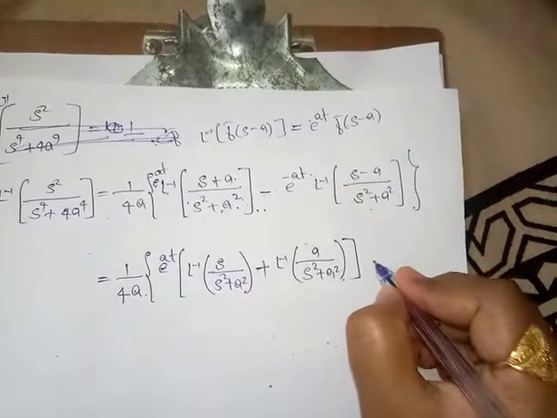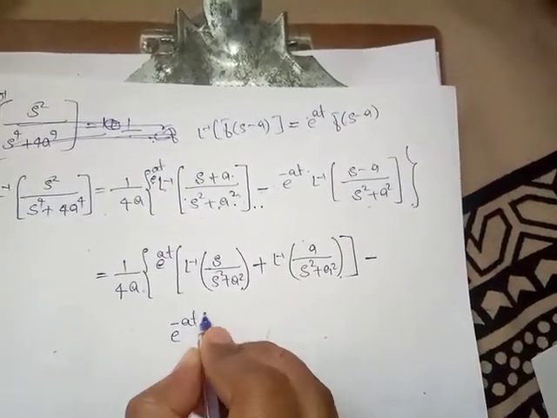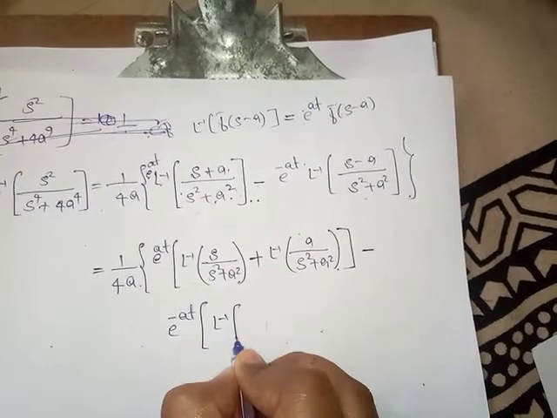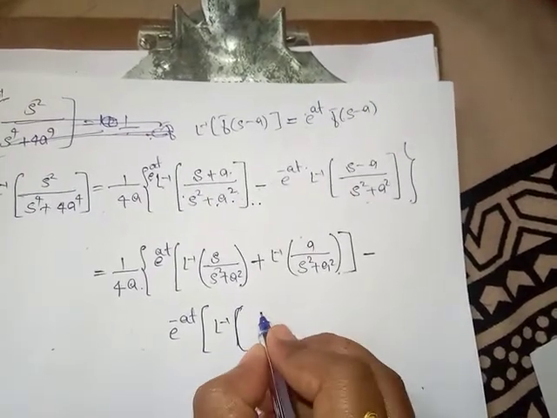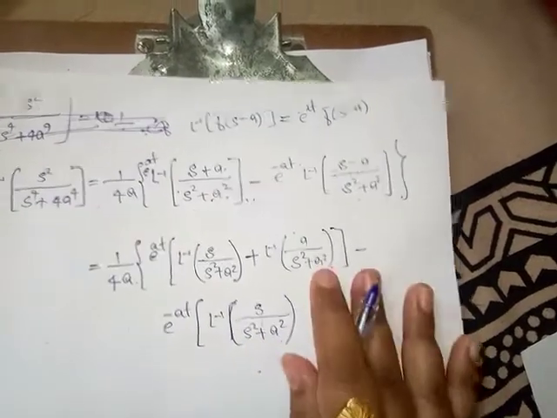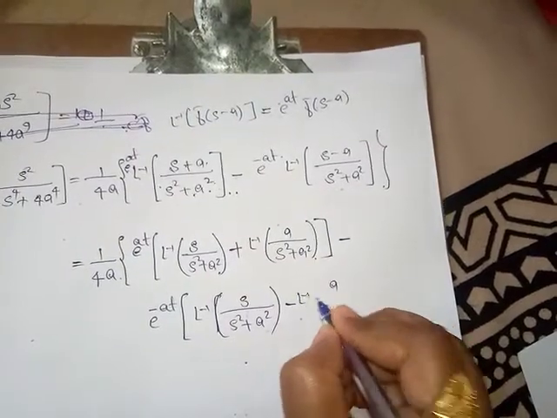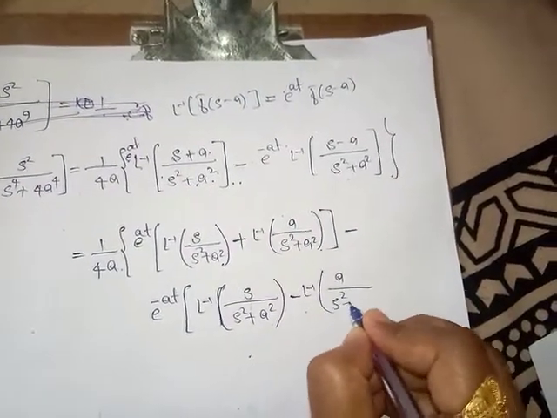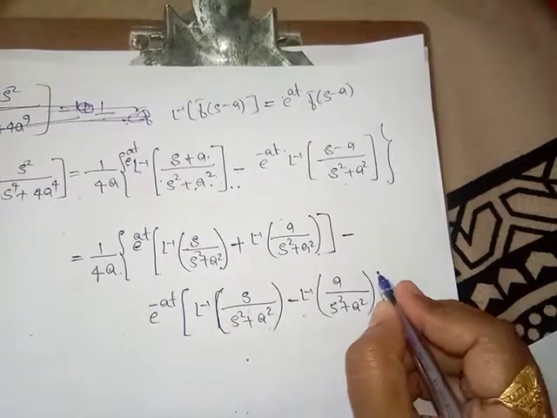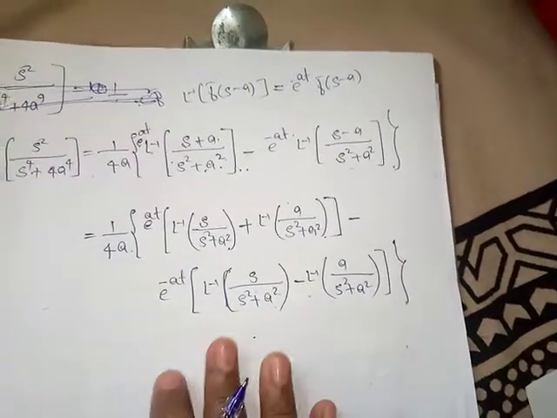The first term is over, then the second term I will write as minus e raised to minus at into L inverse of s divided by s square plus a square, minus sign I have here, therefore L inverse of a divided by s square plus a square. All brackets are completed.